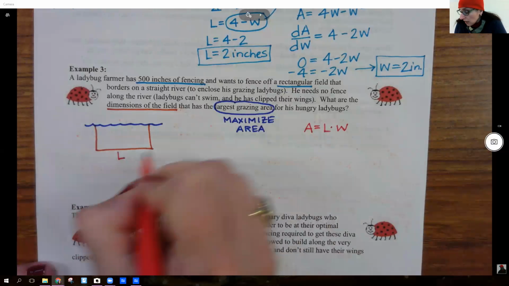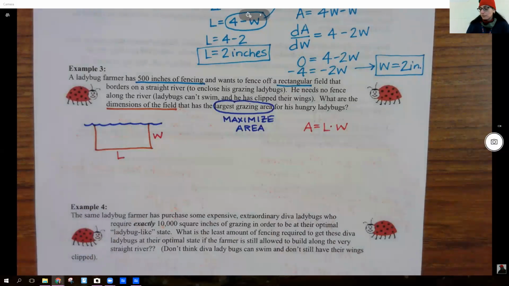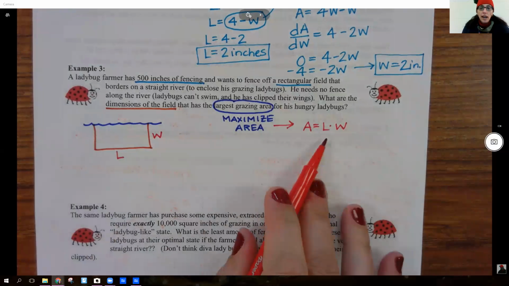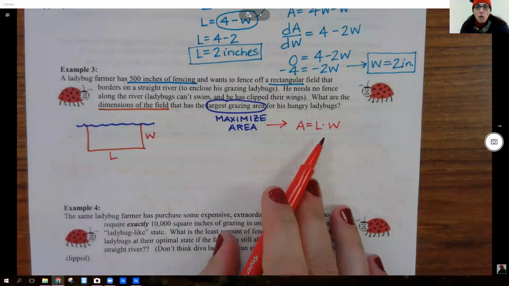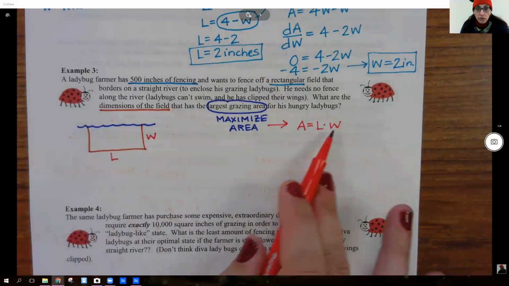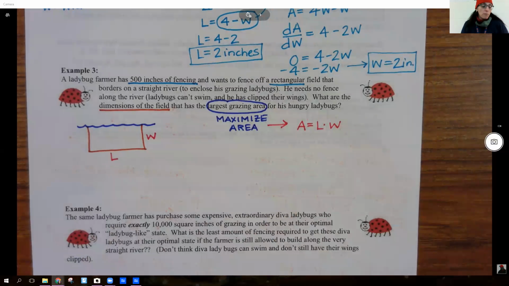So here's your length and here's your width. I'm trying to maximize that. This will be the equation that I take the derivative of, but I can't do it right now because I have 2 different variables. So I need to come up with a helper equation from the given information to do some substitution. What should the helper equation be?